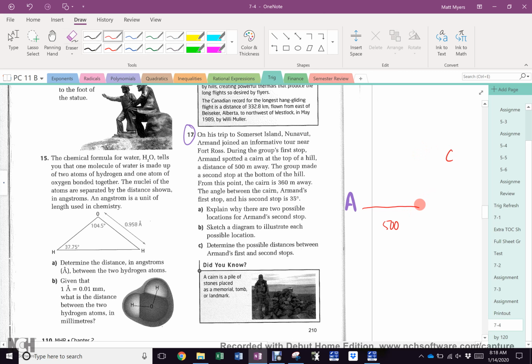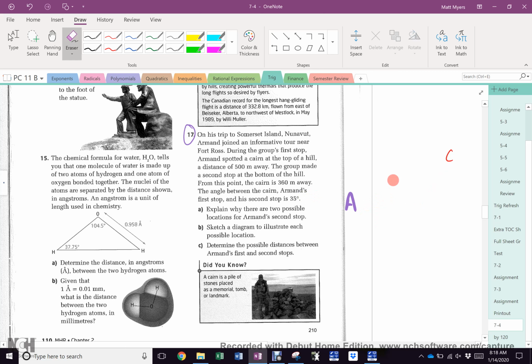So from this point, the cairn is 360 meters away. The angle between the cairn, Armand's first stop, and his second stop is 35.